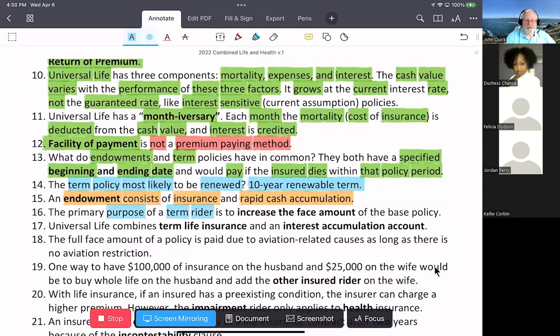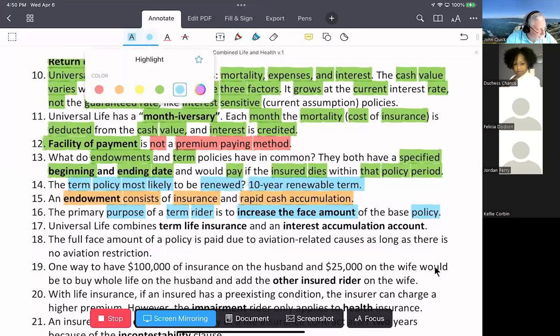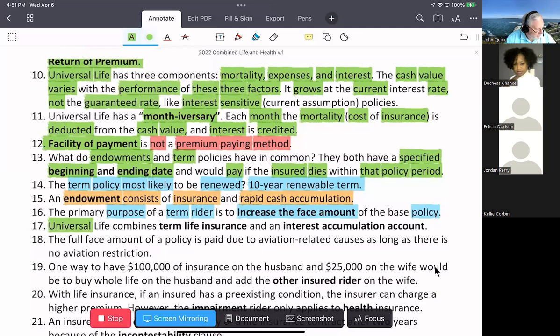The primary purpose of a term rider is simply to increase the amount of insurance available. So you could have a term rider and you could double your coverage or triple your coverage by adding that rider. Universal life combines term life insurance and an interest accumulation account.